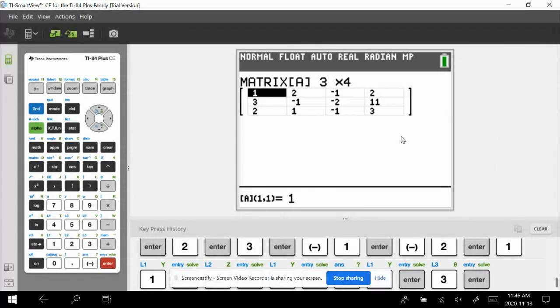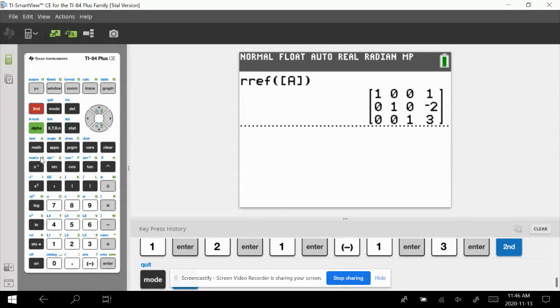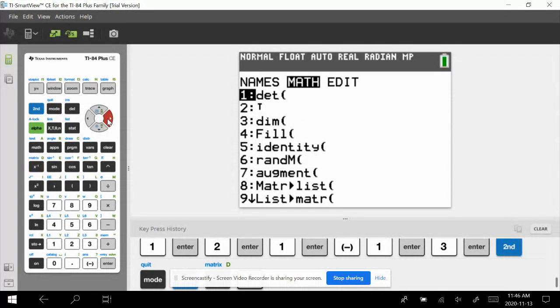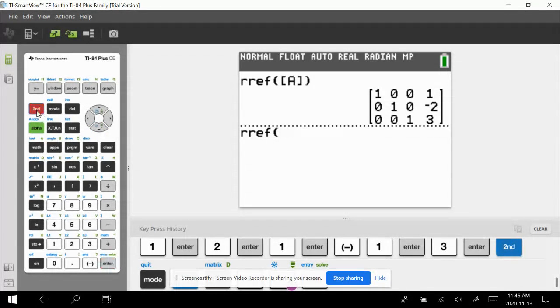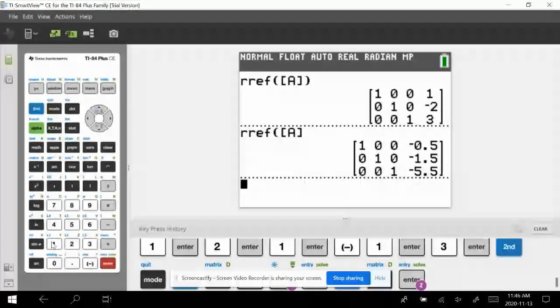Okay, so here's the value over here. Next, we're going to quit second matrix, over to math, and go down to RREF, and we're going to select matrix A, so I'm going to go enter, and we get this guy over here.